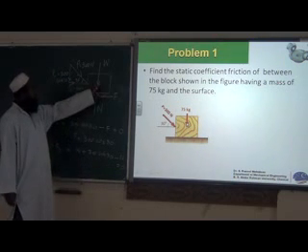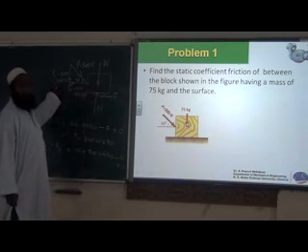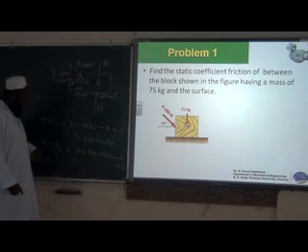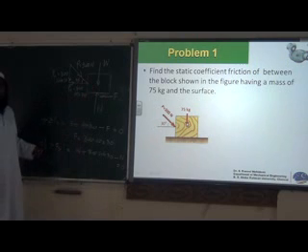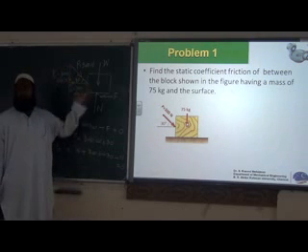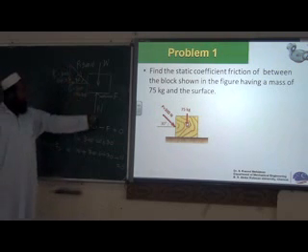W is the weight and Py, the vertical component of P, is acting downward. So downward is positive. Minus N, as N is acting upward.